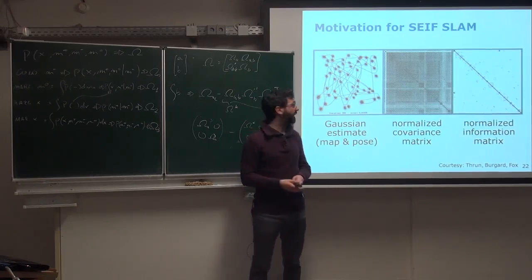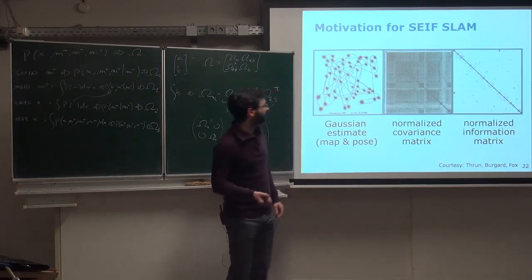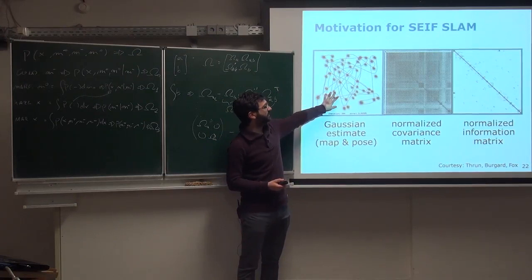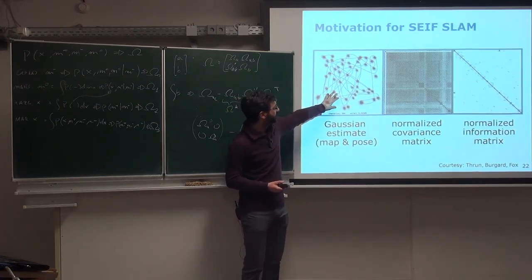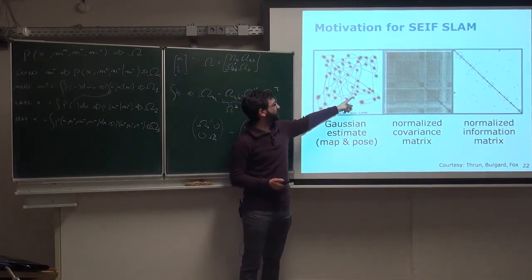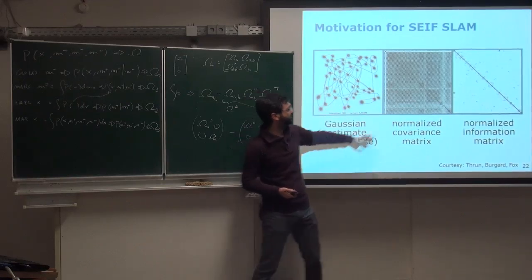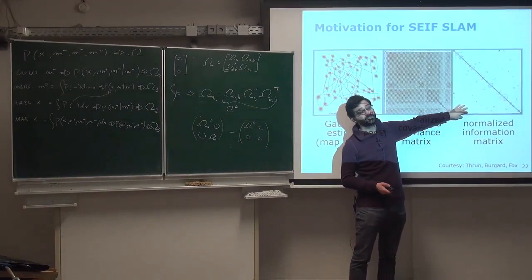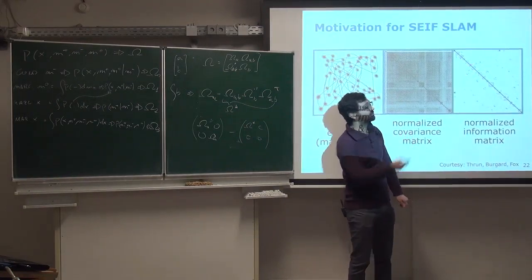Okay? And that's what we've seen today at the end, that if you look at the estimate of a SLAM problem with respect to the different landmarks and the path of the robot, you see that we have a very dense covariance matrix, also a dense information matrix, but with a lot of values which are close to 0.